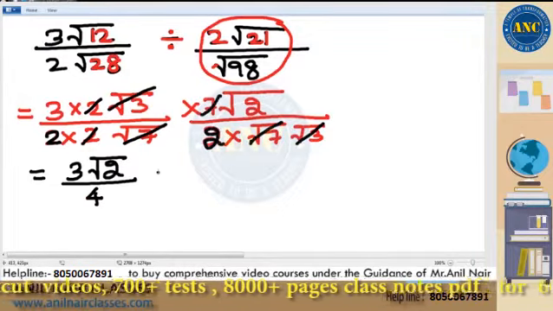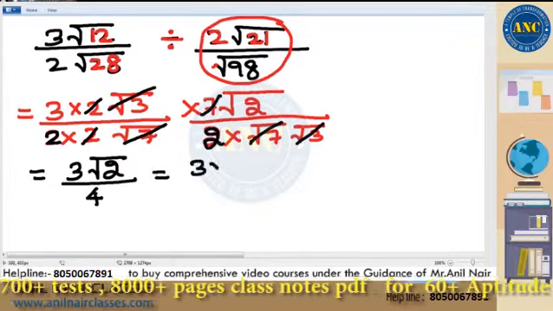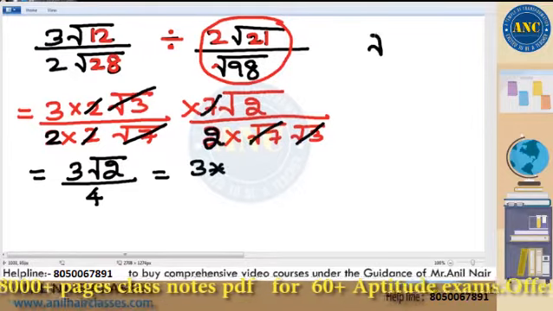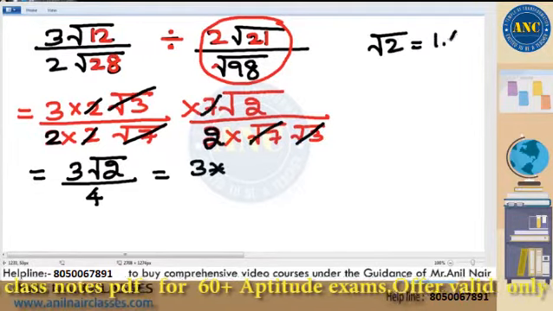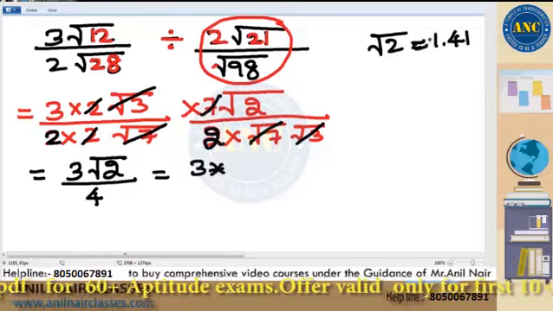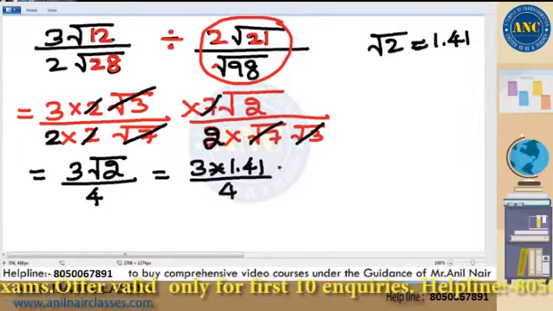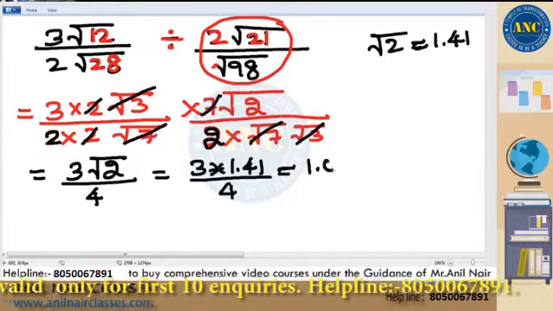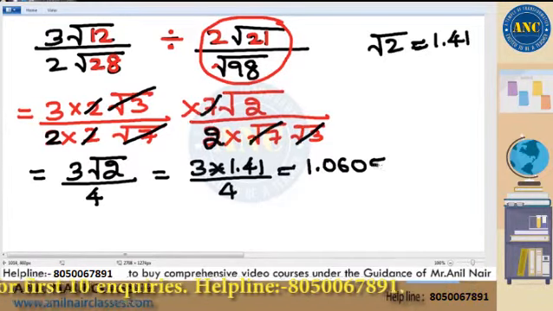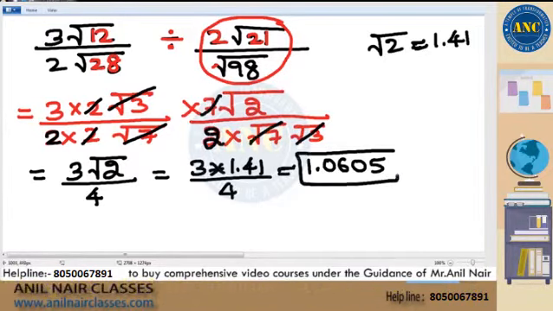If I further simplify, root 2 value is approximately 1.41. 3 into 1.41 divided by 4, answer is approximately equal to 1.0605.